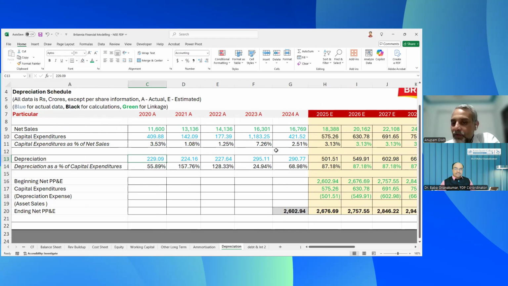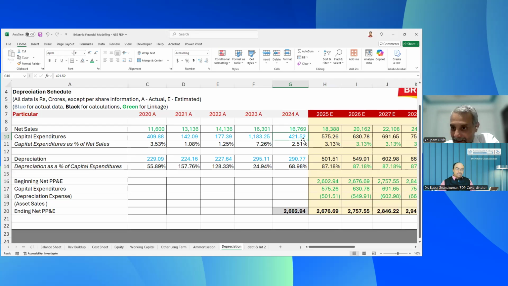And in most of these examples, we follow a straight line method of depreciation when we are calculating the book depreciation, right? If we are calculating the income tax depreciation, we will follow the standard policy of WDV with the standard fixed rates, which we take from the income tax website and use those rates to calculate the value.